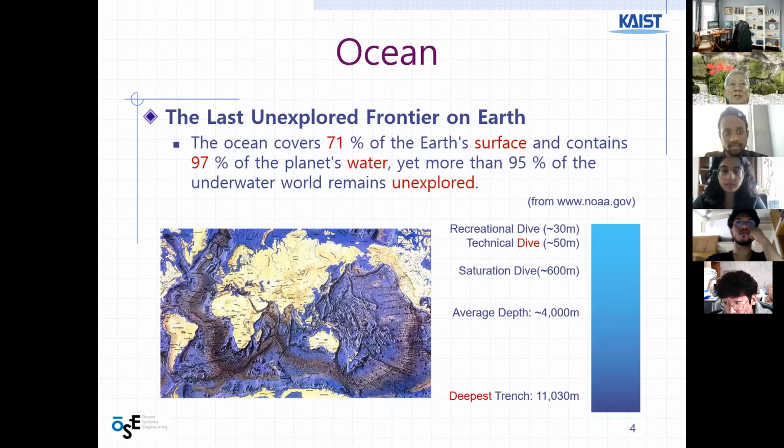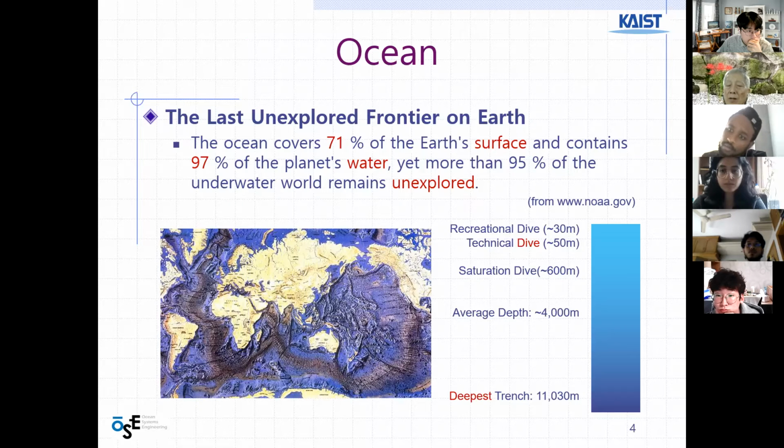But usually the big one, say Boeing 747 or Airbus 380, the maximum height may be around 10,000 meters, so 10 kilometers from the surface. That is the usual cruising height. So it's more than the average depth of the ocean.